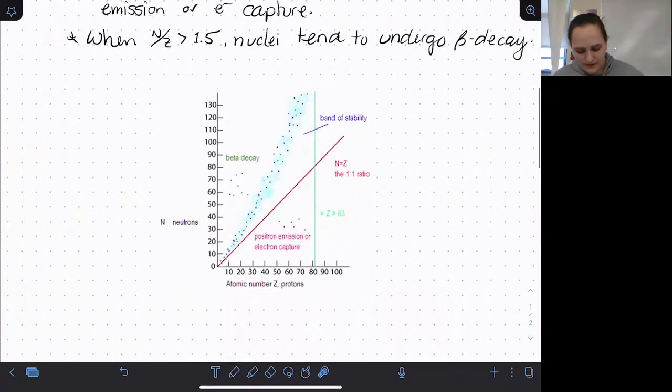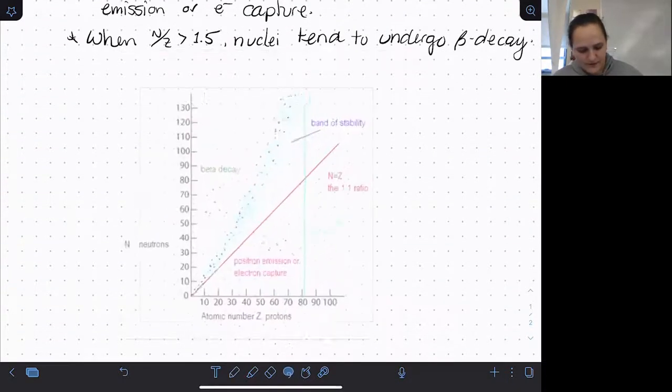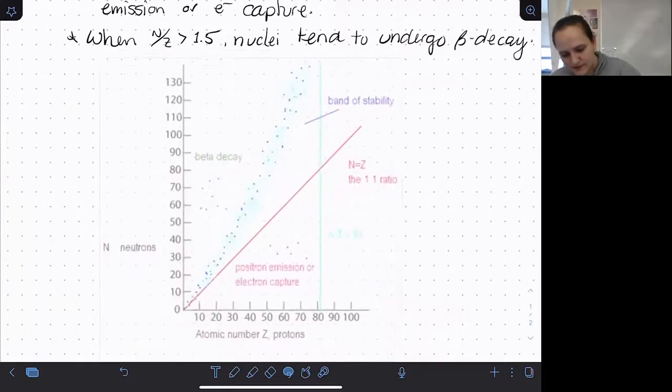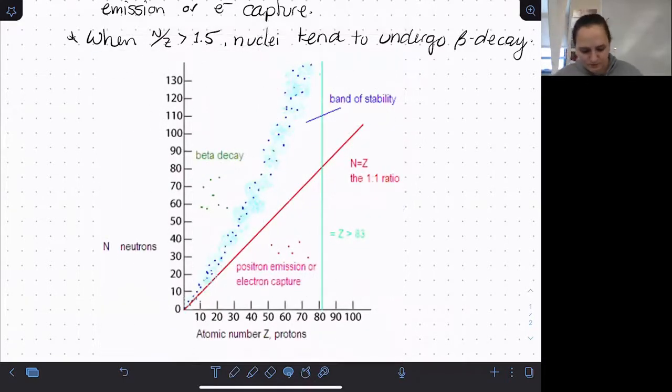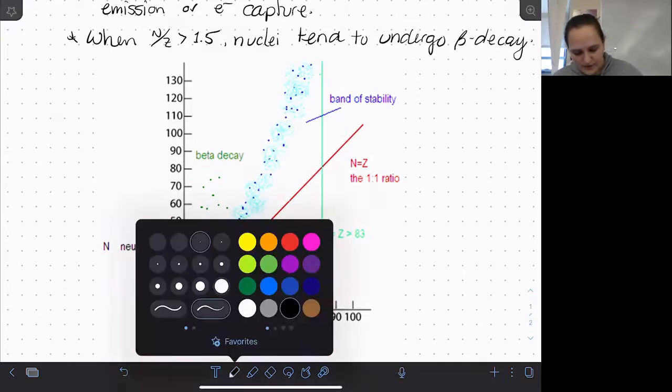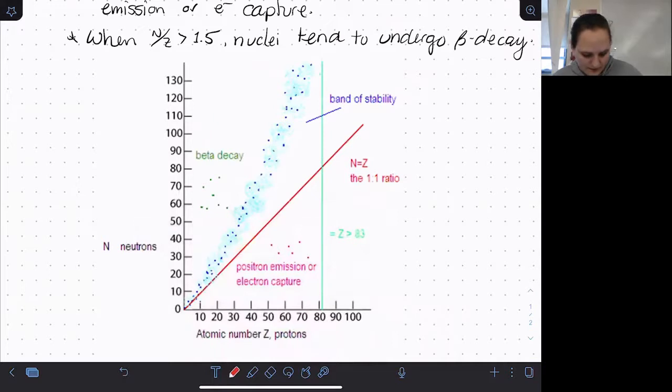So this is a graph that kind of summarizes all of this in one nice little image. This red line here is an N over Z of 1, where our number of neutrons and protons are equal. Our 1.5 would therefore be somewhere right about here or so.